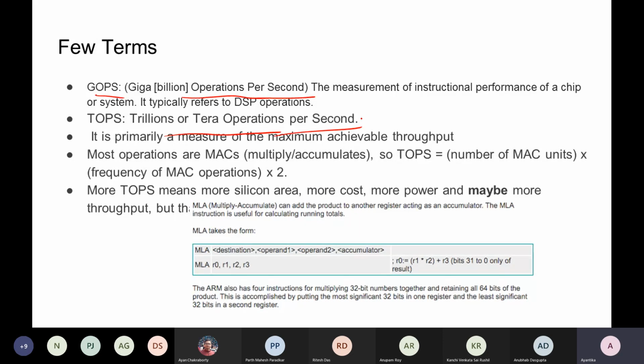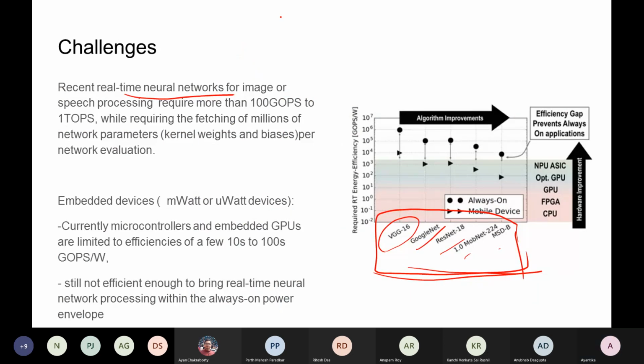So basically with this we are measuring the throughput. Throughput, as the name suggests, means operations per second. We are getting an idea of how many operations we are doing per second, and what the requirement is for this neural network and for our existing embedded devices. You know that these devices only work in a milliwatt or microwatt scenario.